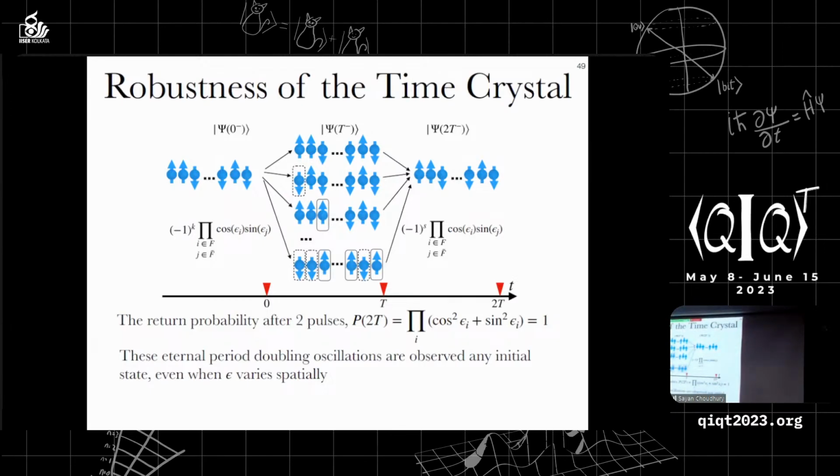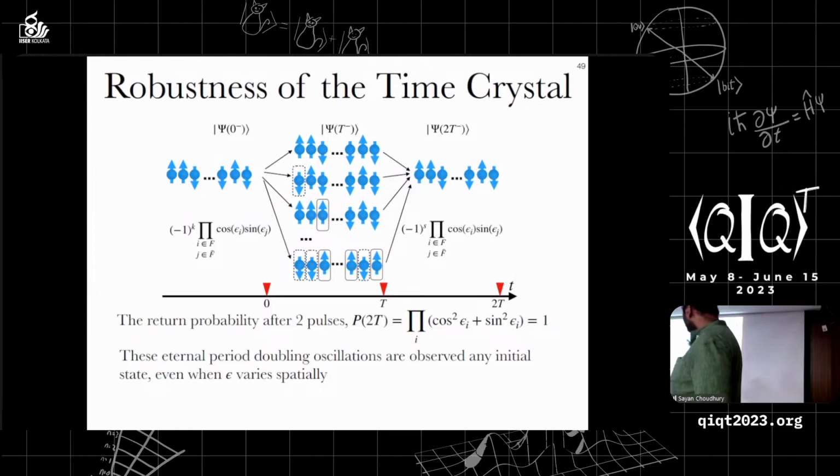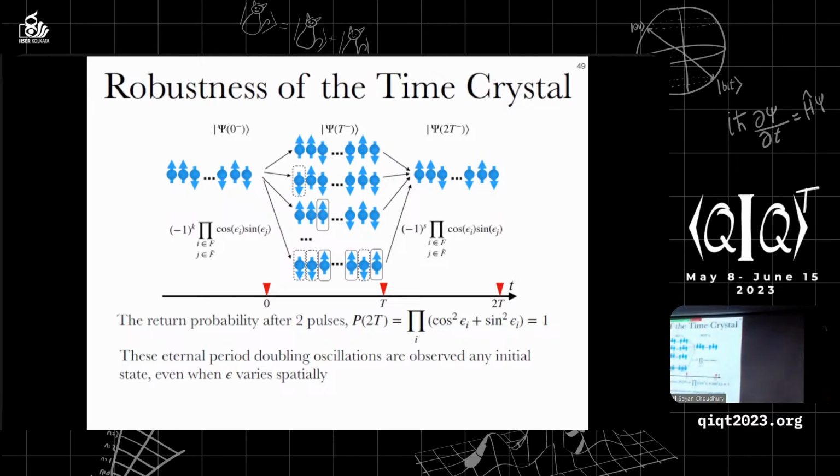How robust is this scheme as you change epsilon? Because that is one of the major points. Actually, you will see this perfect recovery here for any epsilon. That is the major thing: after 2, 4, 6, 8 pulses, you always return to the initial state.